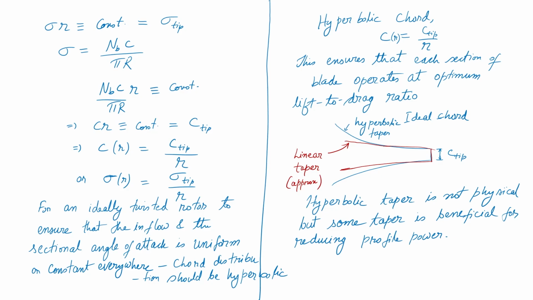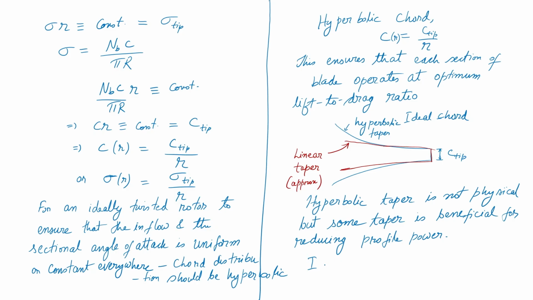And the combination of this ideal twist plus ideal taper would give me minimum power, both minimum profile power and minimum induced power. So, that kind of rotor is called optimum hovering rotor.